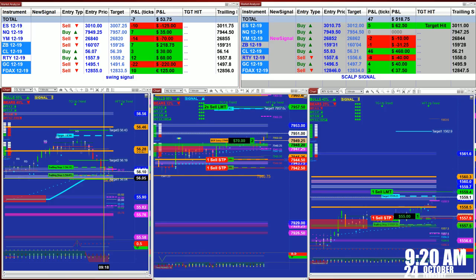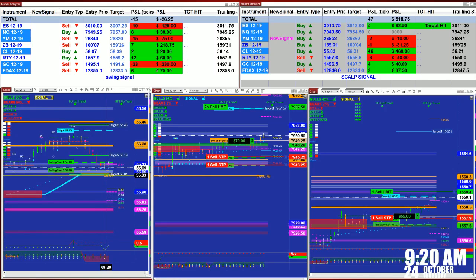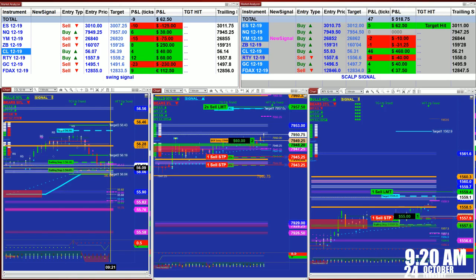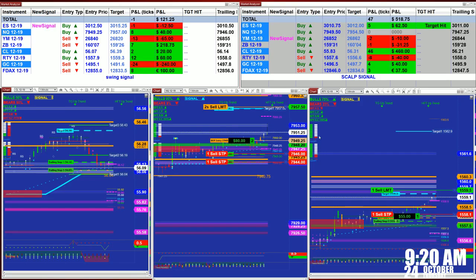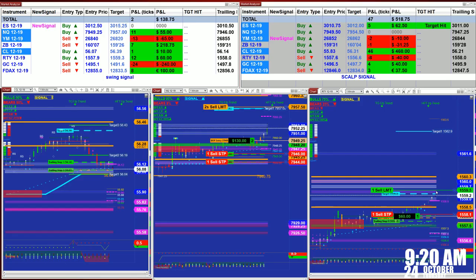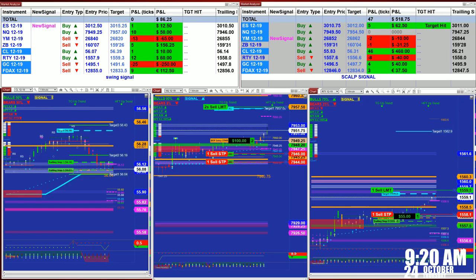If the CL broke the 56.03, that means we are in trouble with the CL. So the CL is a re-entry at the moment at 56.09, and we are one take away from closing the Russell. We are at 9.1 and we need the 9.5.